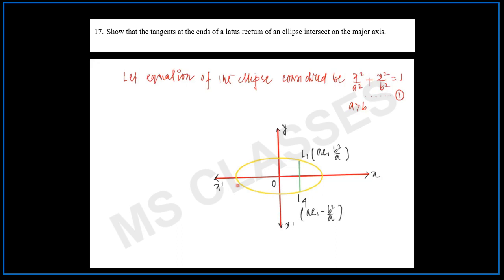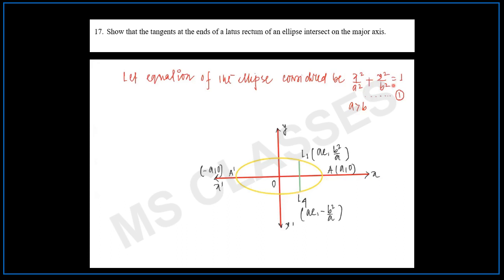This is the ellipse given, whose vertices can be considered as a comma 0 and minus a comma 0. So here the tangents are to be drawn at the end points of our latus rectum.